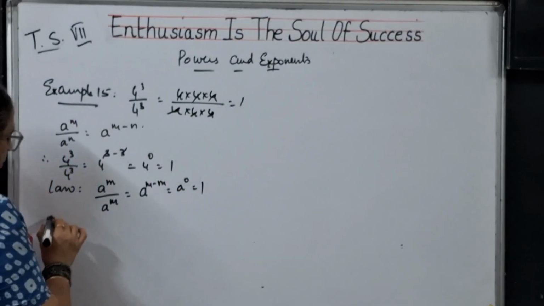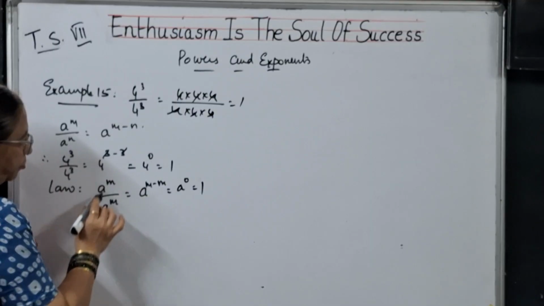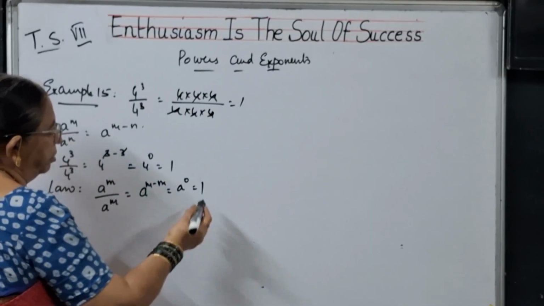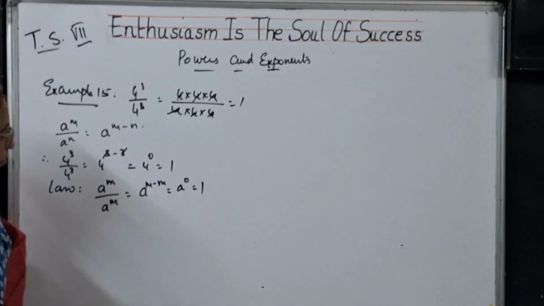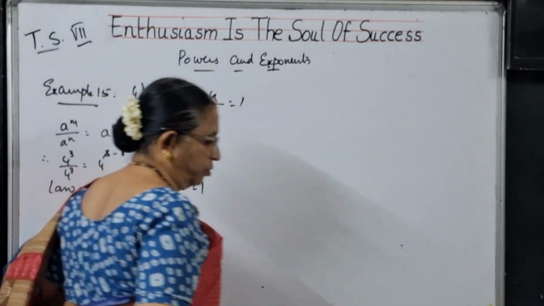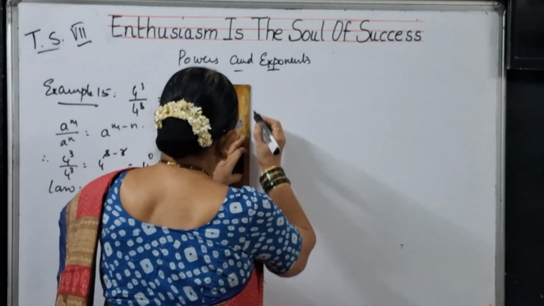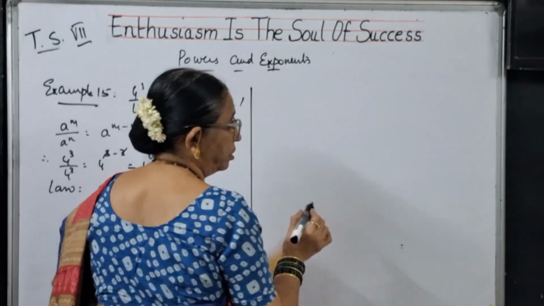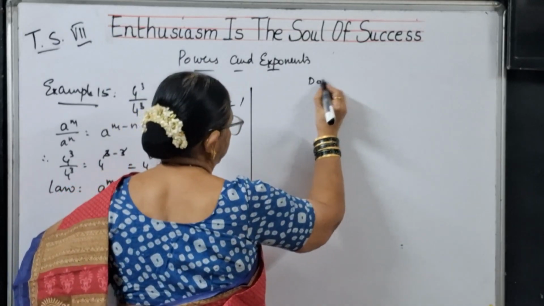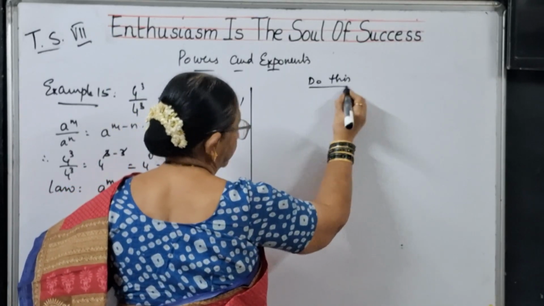So when you are dividing, if the bases and exponents are same, your answer is 1. So here you have got sums to do, children. Do these sums basing on this.